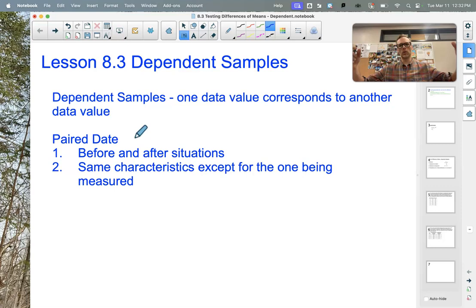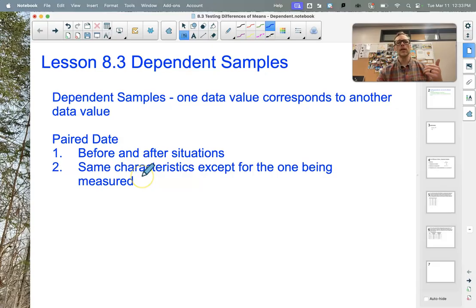Then we can match up whatever it was in the sample from before to whatever it is in the sample afterwards, and they're connected, they're paired. It doesn't have to be before and after situations. It's just very common to see it in that.